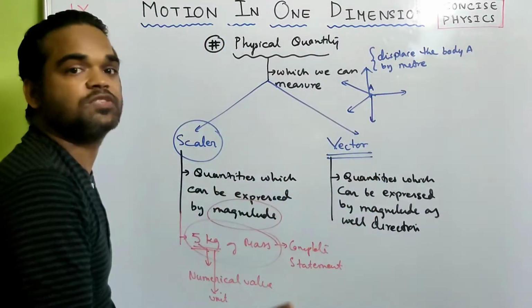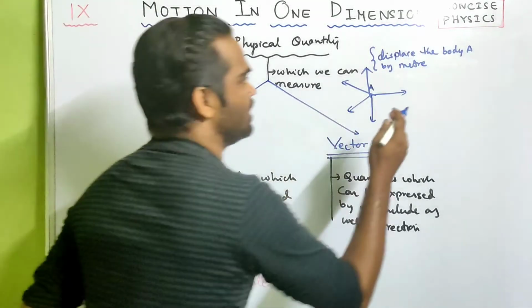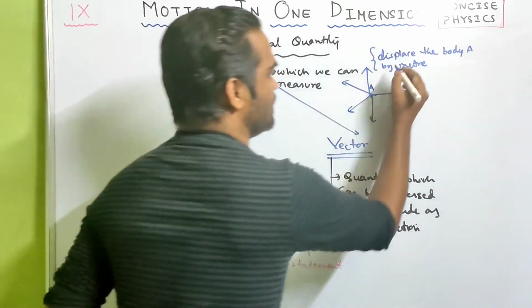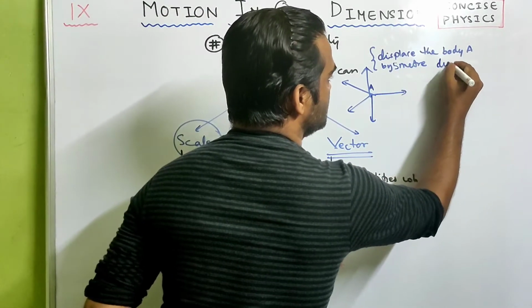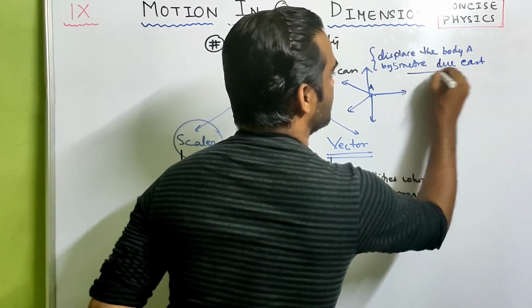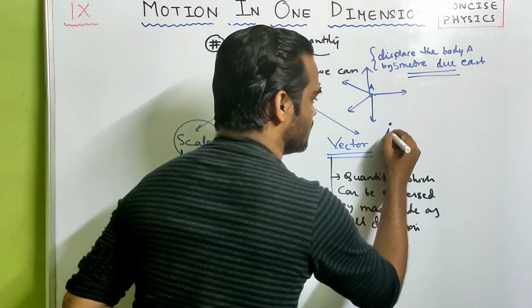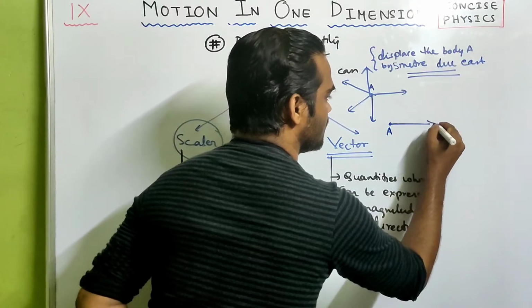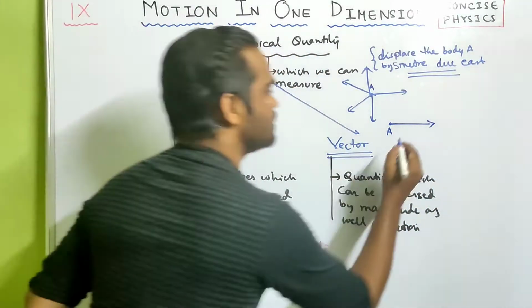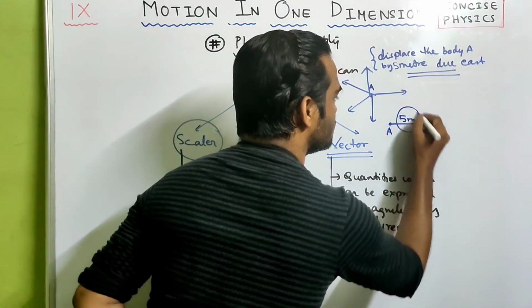We don't know where to displace the body. But if I tell you displace the body by 5 meter due east, now it has a proper sense. Now we know that if the body is over here, we need to displace the body due east 5 meter.